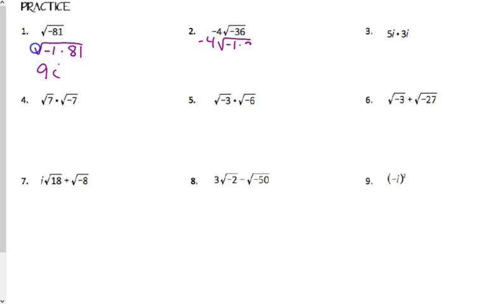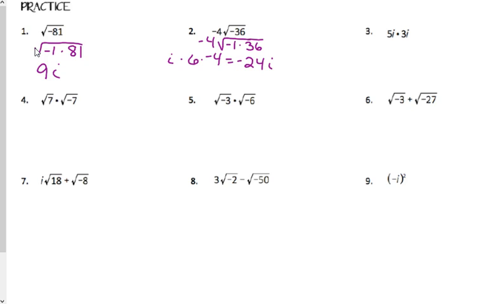Negative 1 times 36. Square root of 36 is 6. And the square root of negative 1 is I. And that gives us nothing under the radical, so we've gotten rid of everything in there. 6 times negative 4 is negative 24 times I.